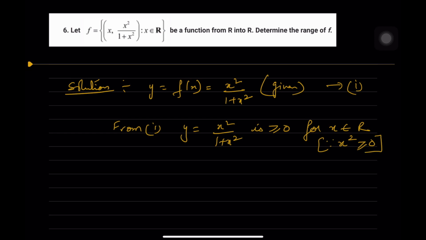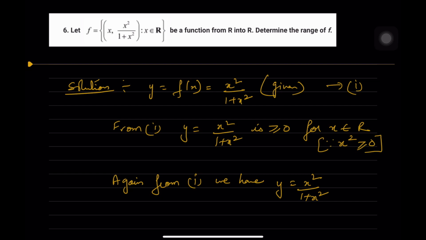And again from 1 we have y is equal to x square by 1 plus x square.